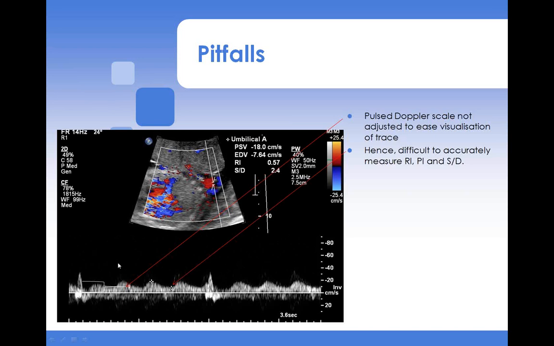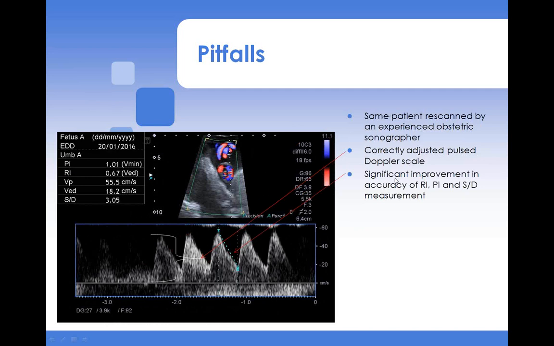The same patient rescanned by an experienced obstetric sonographer optimized the scale, and you can see a significant improvement in the accuracy of measurement, with the results being quite different.